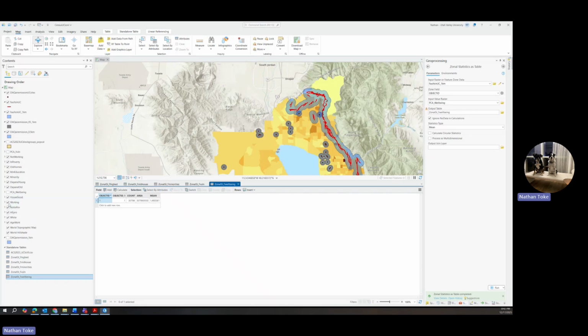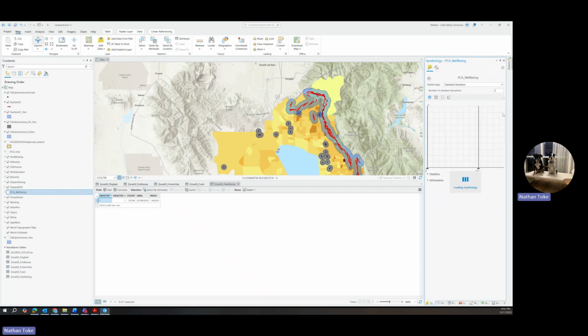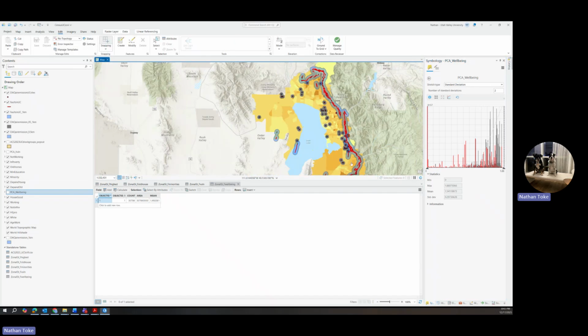And if we go into well-being, look at the symbology there and the statistics, the mean was 1.54 across the area, and this was 1.49. So it's a little bit lower than average, a little bit less well off than average across the area. And so that's consistent with the vulnerability analysis. So all we've done is look at what are the demographics within this 1 kilometer buffer and compared it to the demographics across the whole area.